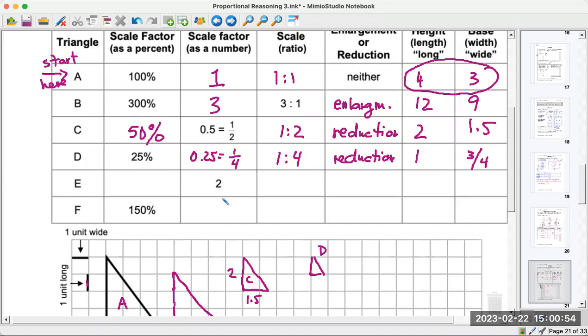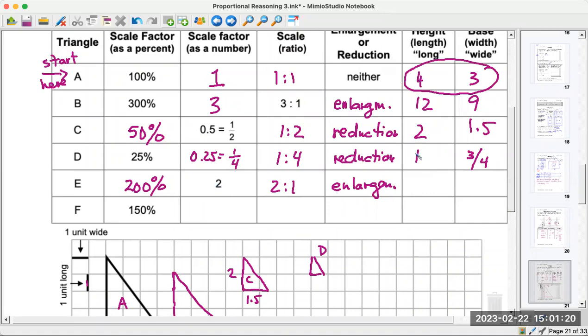This one only gives us the scale factor that's twice as big, 200%, 2 to 1. It's an enlargement because the scale factor is bigger than 1. So if it's twice as big, 4 times, I'm always going back to my original. Notice, you can use these, but why? Go back here.